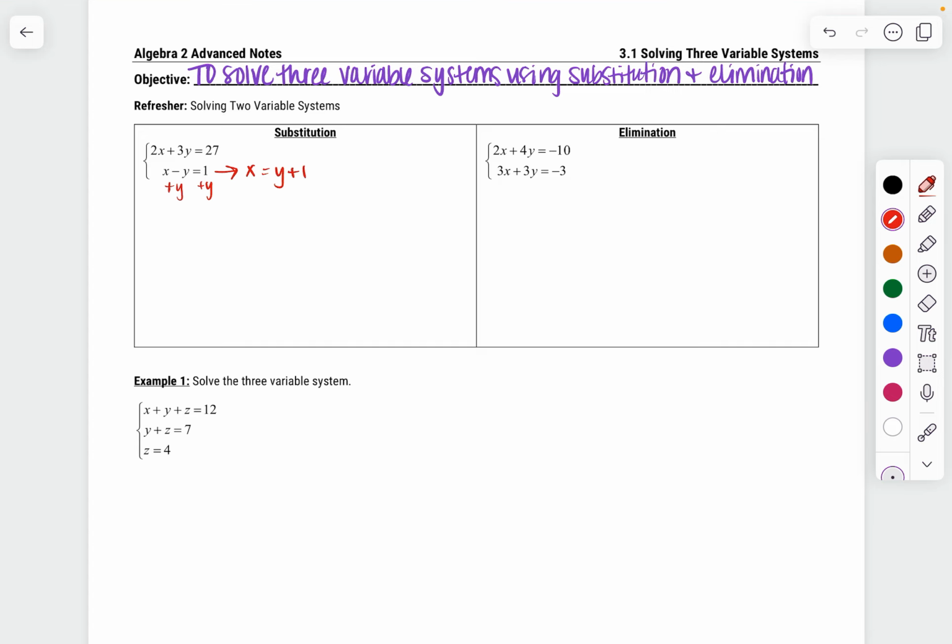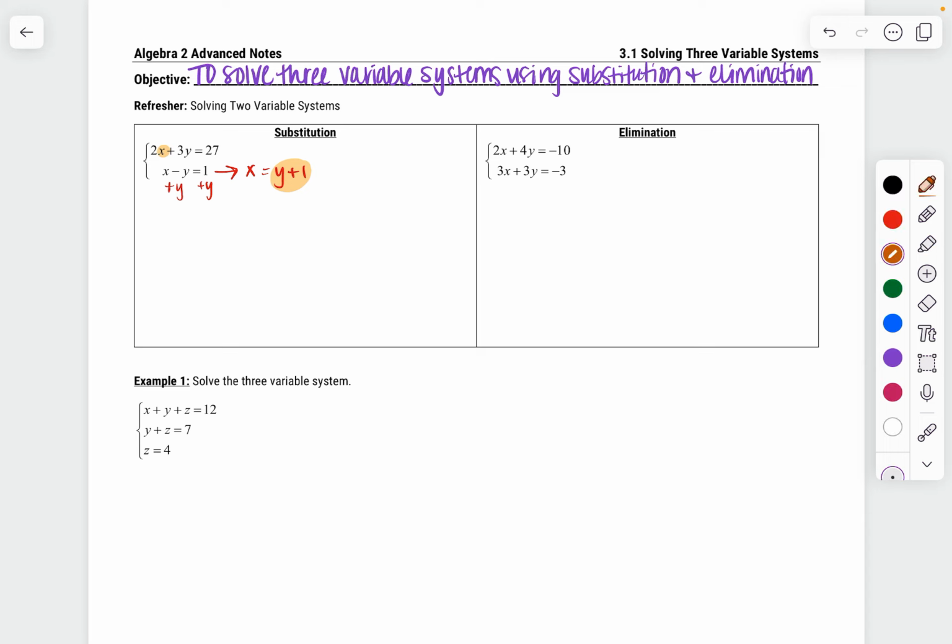And so what we're going to do with that is we are going to substitute it into the other equation. So I'm going to take everything that x is equal to, in this case, y plus 1, and I'm going to substitute it in where I see x in the other problem. So I'm going to go ahead and do that.